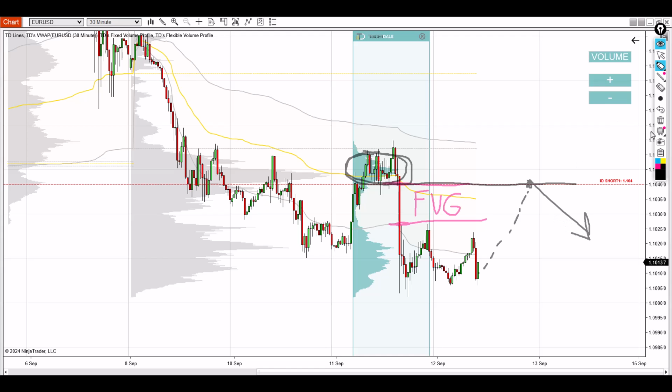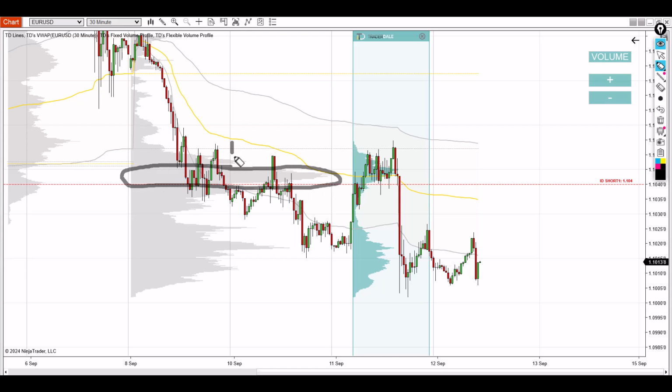Alright, so what we need to do now is just wait for that pullback, and when it occurs, then either take it from here at first touch or use order flow to better time your trade entry and trade exits. Also, there's one thing which I forgot to mention here, that another thing that adds strength to the level is this weekly point of control.